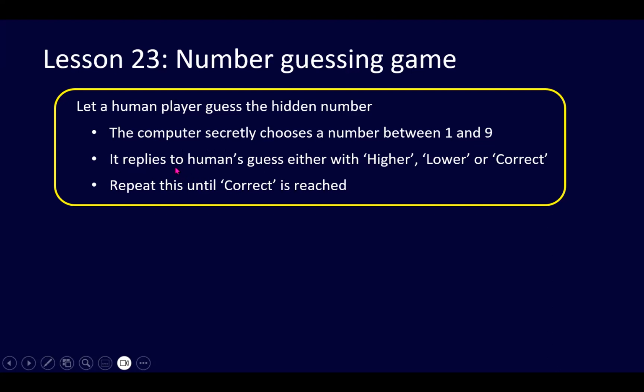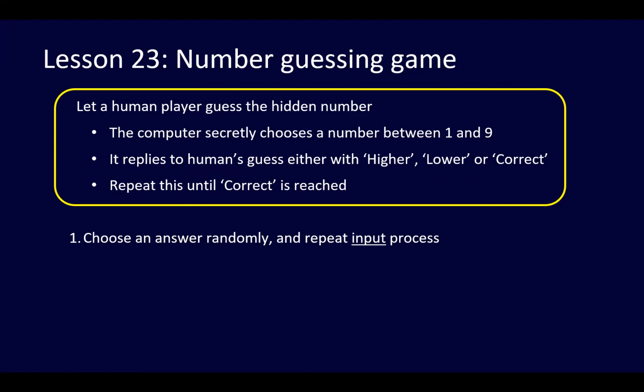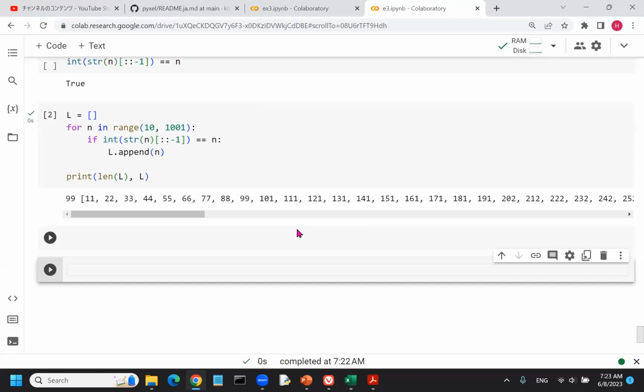It replies to the human's guess with higher, lower, or correct. Repeat this until correct is reached. You know what this is like, of course. That's the process.